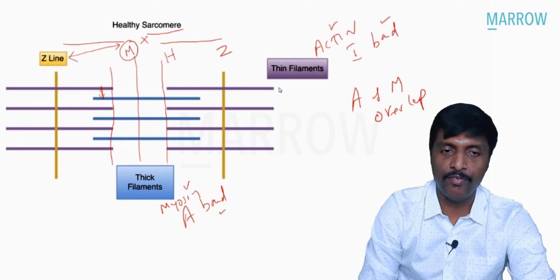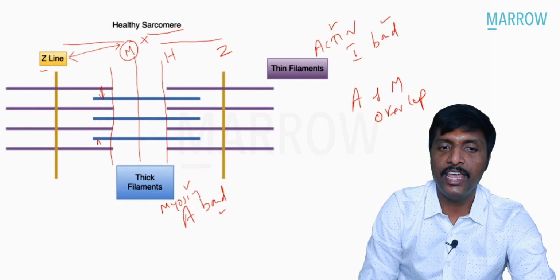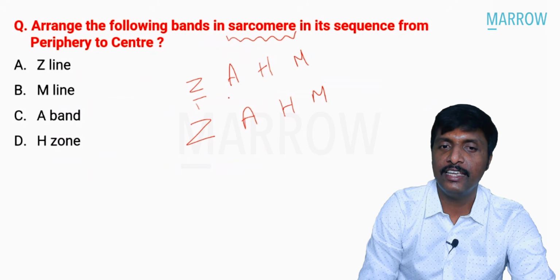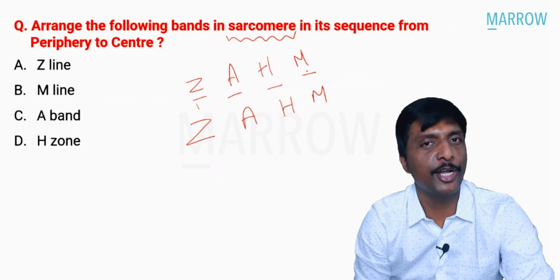Yes, we have Z, we have A, we have M, and this is our H. So Z, A, H, M. Did we choose correctly? Yes. ZAHM, from periphery to center.